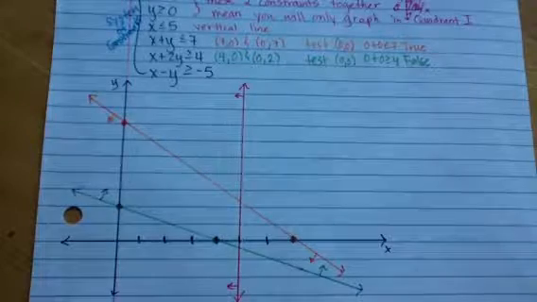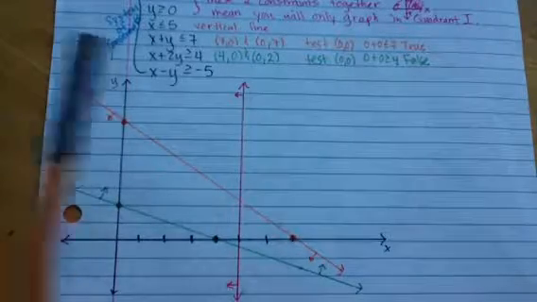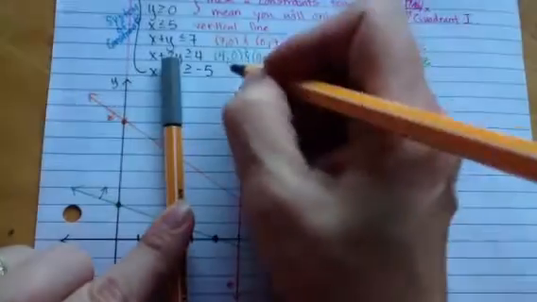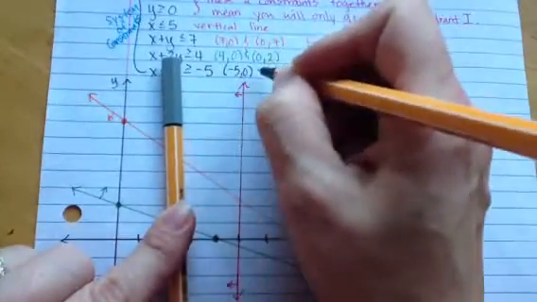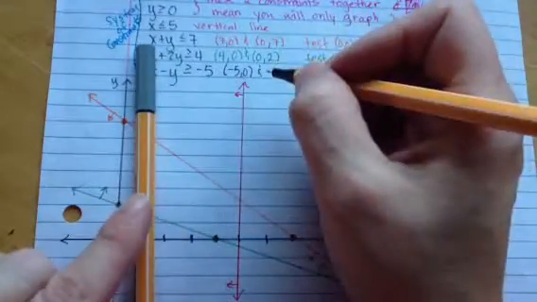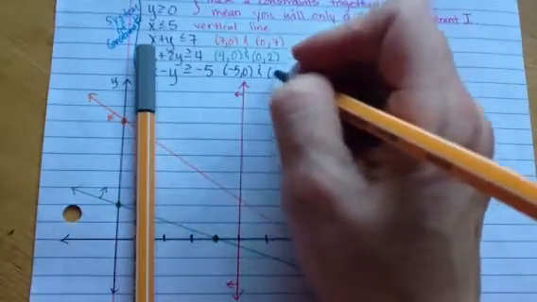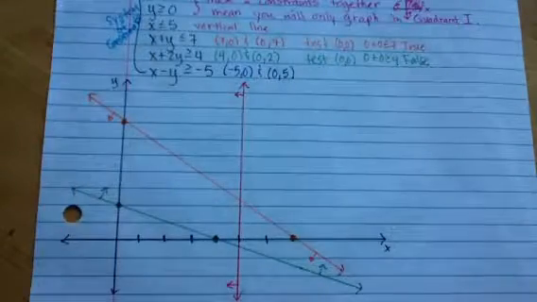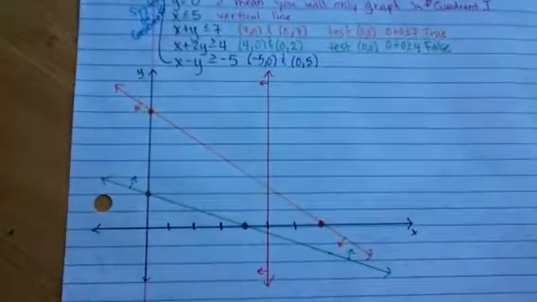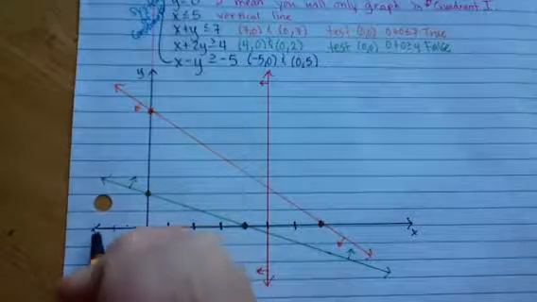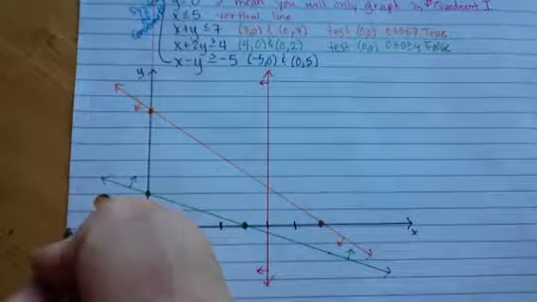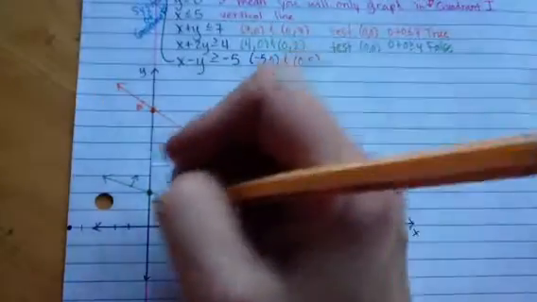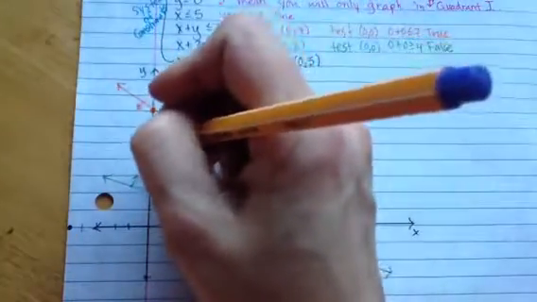And the last constraint, I'll use the cover-up method again. So cover up the y, I get x equals -5. So -5, 0. Cover up x, negative y equals -5, so that will be 0, 5. Well, I hope I have enough room to count -5. So let's see. 1, 2, 3, 4, 5. We'll just make do. Pretend that's -5 over there. And 0, 5. 1, 2, 3, 4, 5.